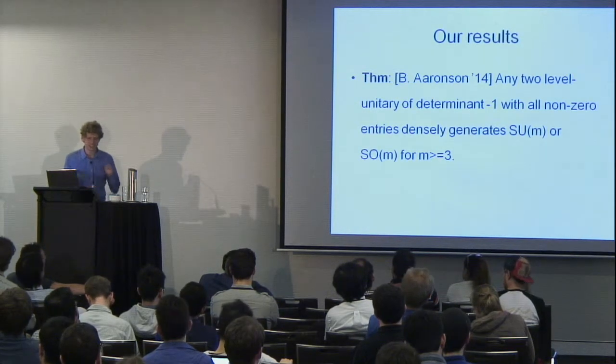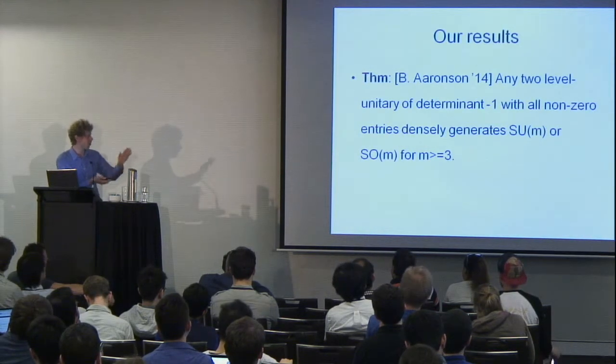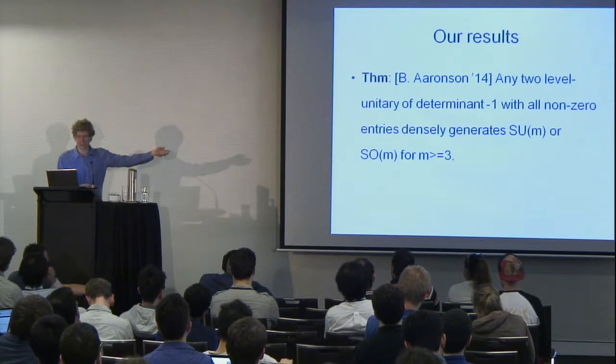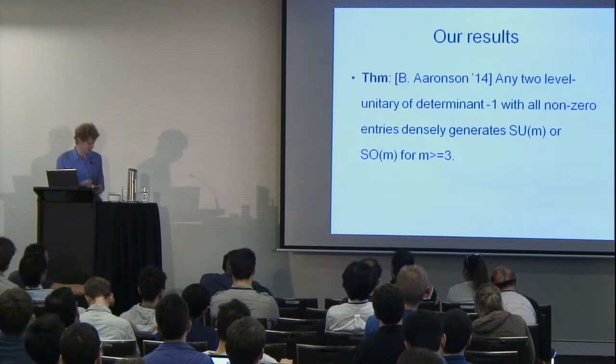And this is a complete classification. This isn't a statement like, with probability 1 over the Haar measure, a two-level unitary has this property. This is a statement that actually all of them have this property.